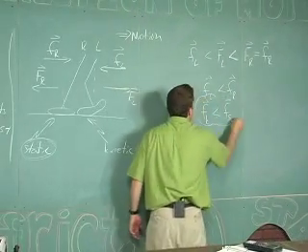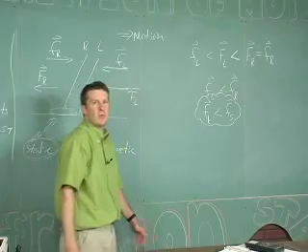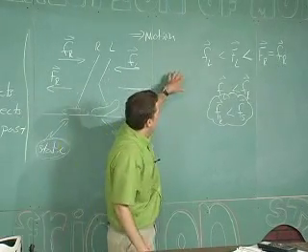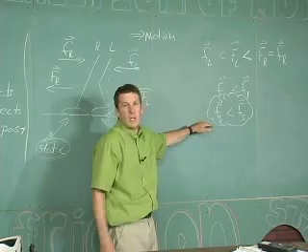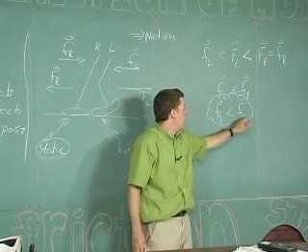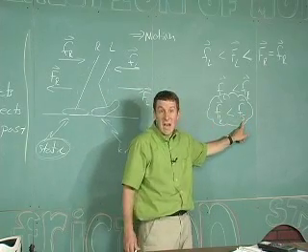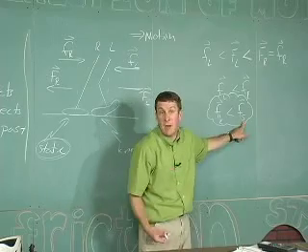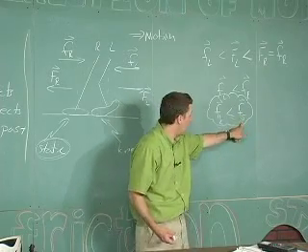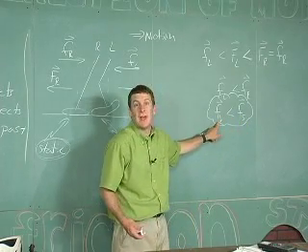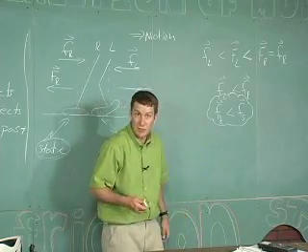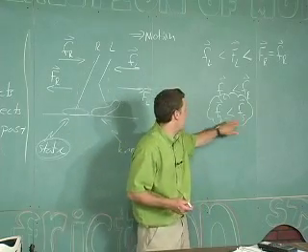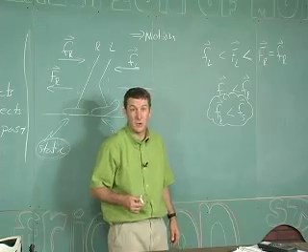And you can see from our example of the moonwalk and our kind of logical argument, if you will, getting us down to this point, that the force of friction due to static friction, the force required to keep an object at rest, is greater than the friction that acts on an object as it slides past another object. So we see that static friction is greater than kinetic friction.